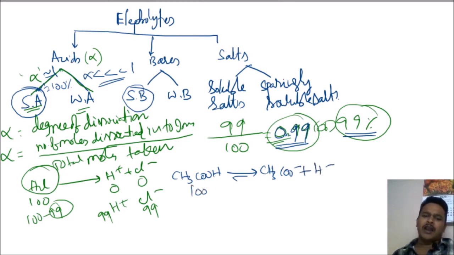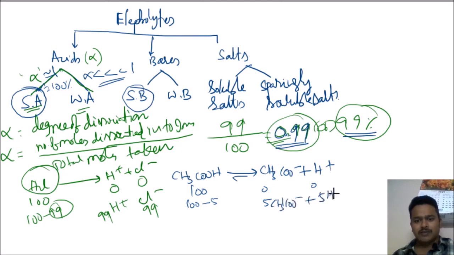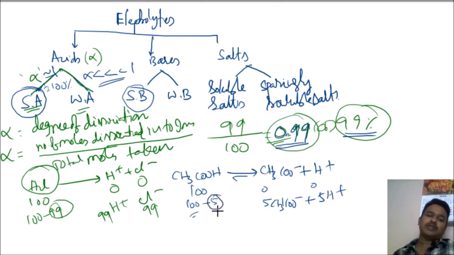If you take 100, only 5 or 6 convert, giving 5 CH3COO minus and 5 H plus. So this 5 is negligible when compared to 100, and the degree of dissociation is very low. Based on that only we divide like this, and this is based on degree of dissociation.